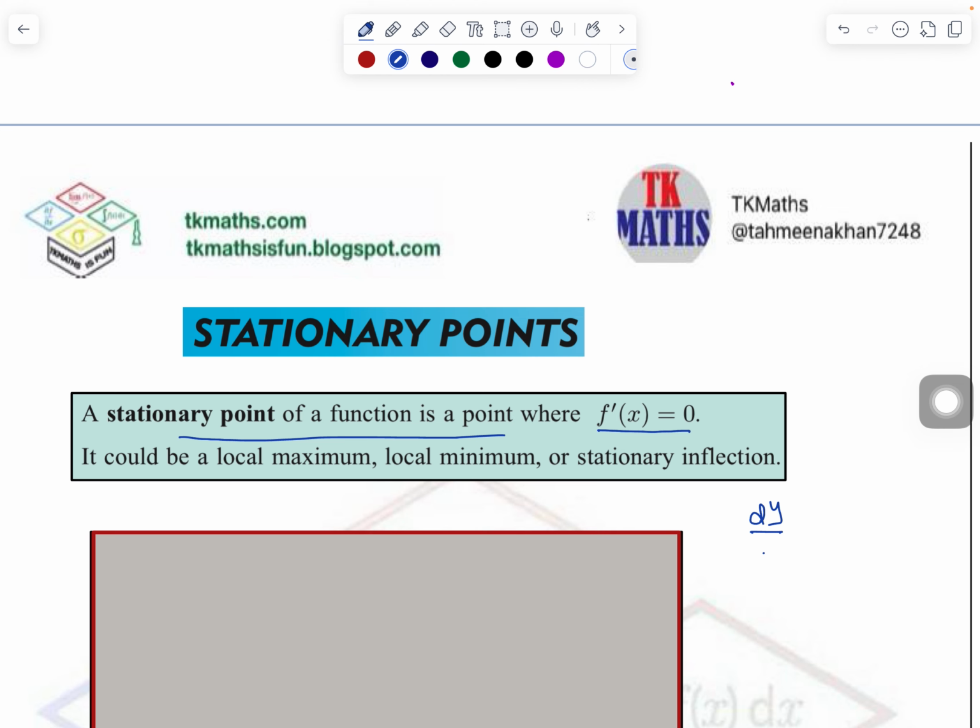Because dy over dx is the rate of change of y with respect to x, and this is called differentiation. We know that it gives us the gradient function. We have seen that. So in any curve, the point where the rate of change is 0 is called a stationary point. Now that point could be a maximum, minimum, or inflection.